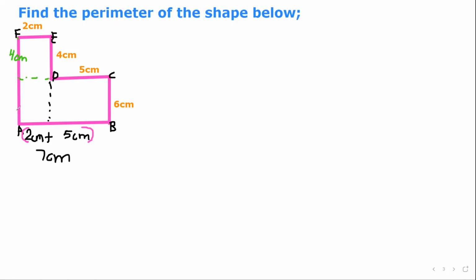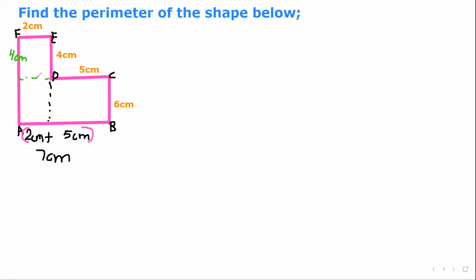And then let's check the other side here. Now, the distance from E to D is also equal to part of what? The FA. Now, when you come to the points C and B, the points C and B here also form what?